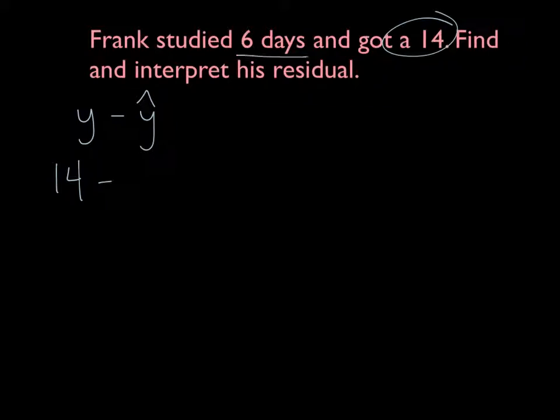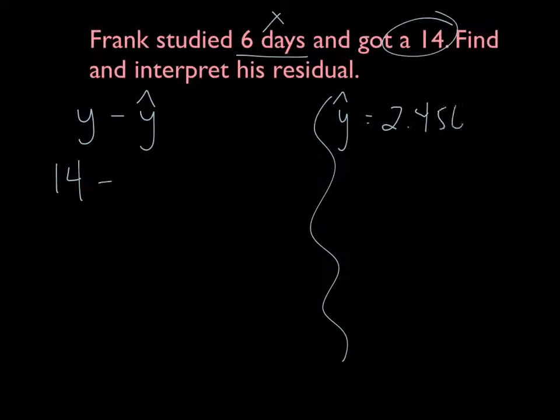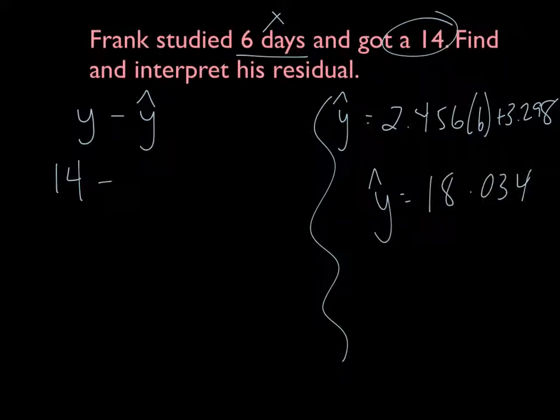That's a number of days. That's an x value. So we need to go back to our least squares regression line and plug that in. So I'm going to plug in 6. You can use a calculator, and we would predict a score to be 18.034. So that's going to go here.